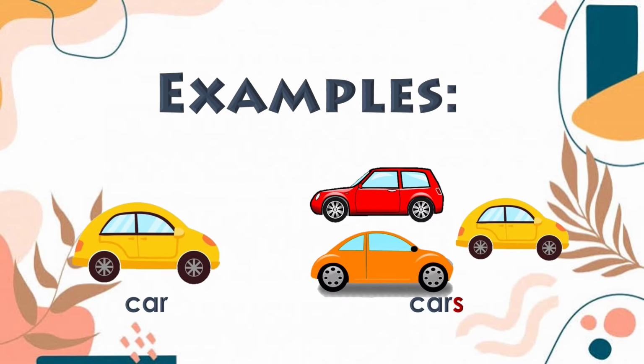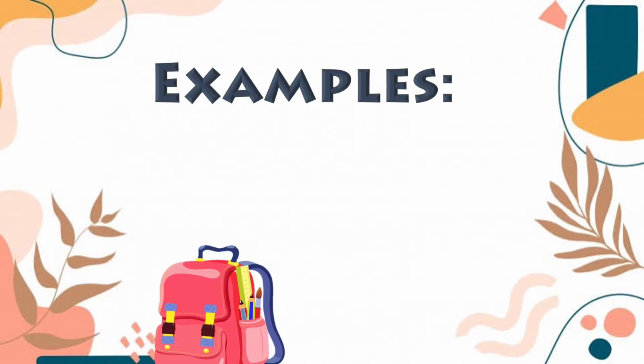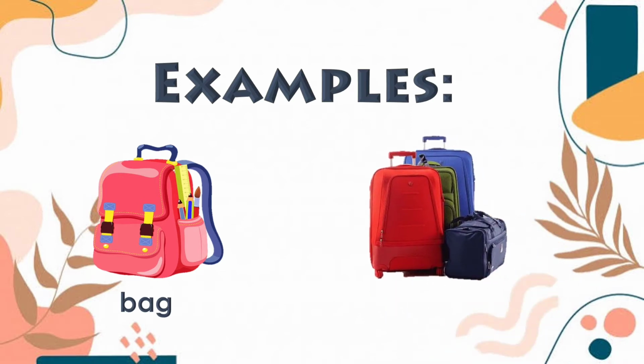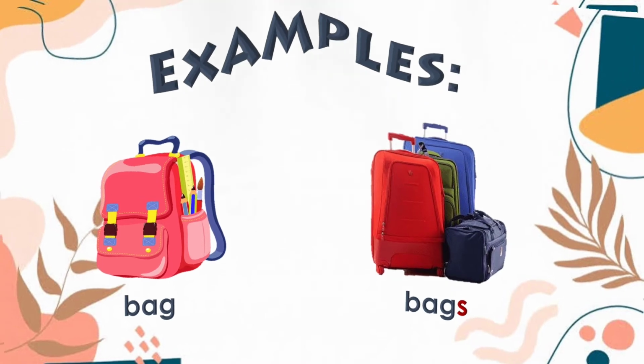So, it will become cars. Another example, we have one bag, and in order to form a plural, we should add s to its name because we have more than one bag, and it will become bags. Again, we usually add s to most count nouns in order to form its plural.